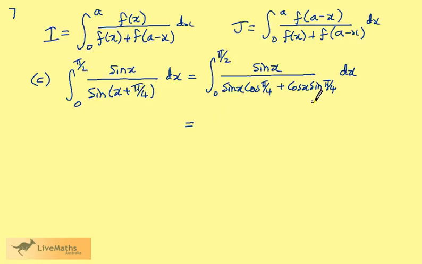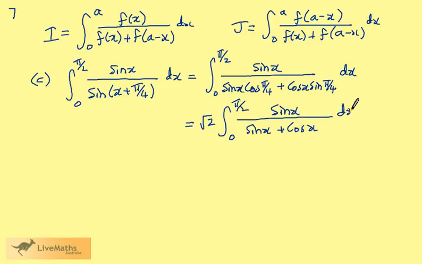Cos pi by 4 and sine pi by 4 are both 1 over root 2. So we have 1 over 1 over root 2, which is root 2, and we could take that root 2 out. So that's root 2 times the integral from 0 to pi by 2 of sine x over sine x plus cos x dx.